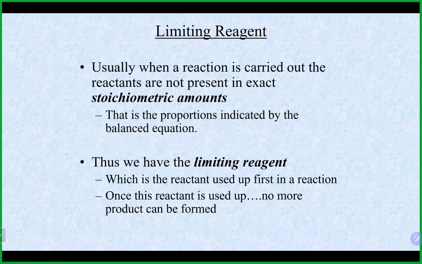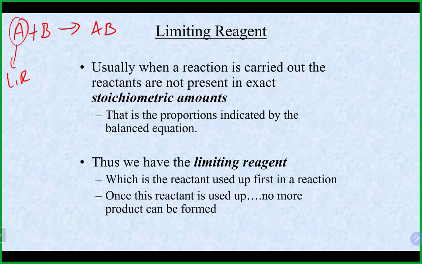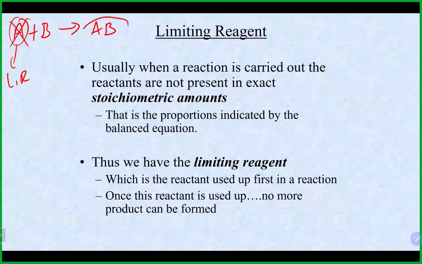And the importance of that is, for example, if we just have this basic reaction of A plus B makes AB, clearly to make our product, we need an A and a B. And let's just say, for example, A was our limiting reagent. Once we use up A, would there be any way to make any product?